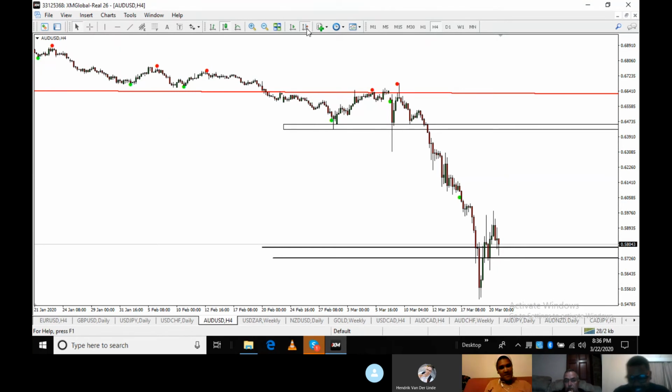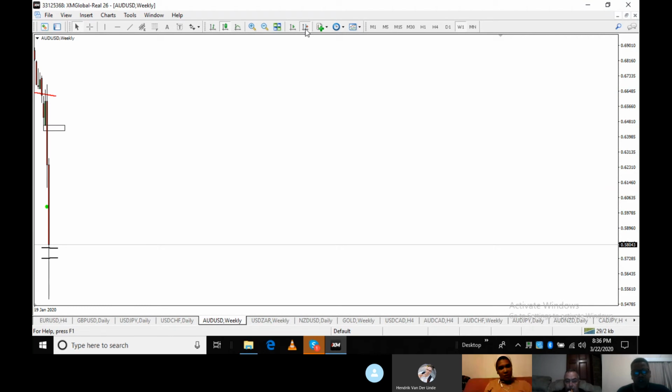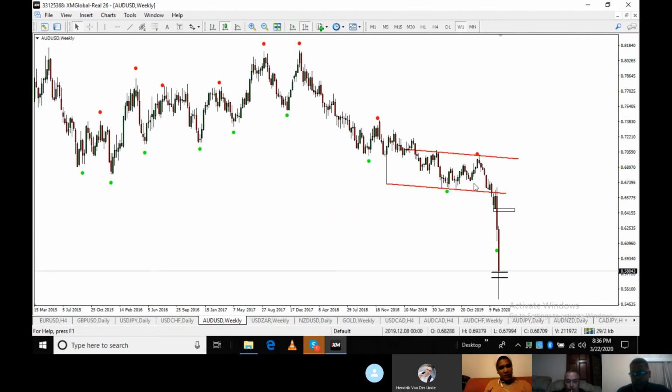What's the chances? I'm expecting it, honestly, because after it broke out of this area right here, it made a low, went up to retest the place that it broke out of, and then it just kept dropping.